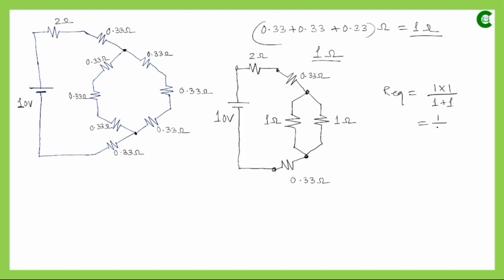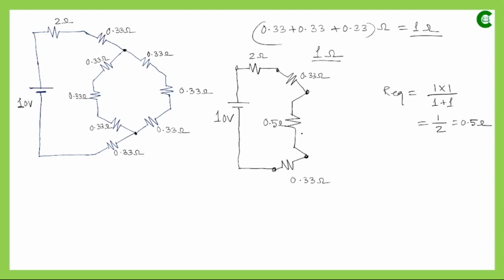So it will be 1 by 2, that means 0.5 ohm. So now we can think this way, that instead of having these two resistances, in the modified circuit we will have only one resistance, and the value of that one resistance will be 0.5 ohm.